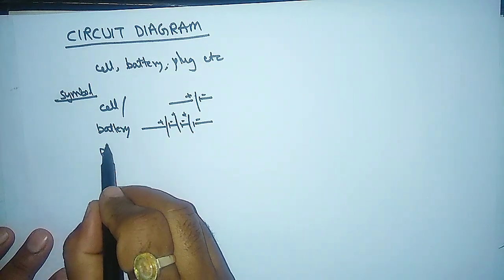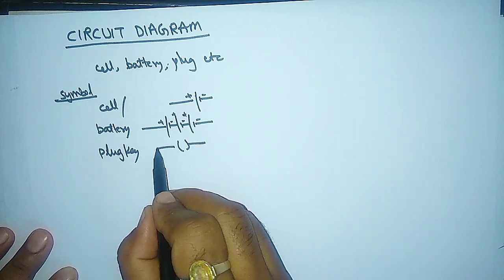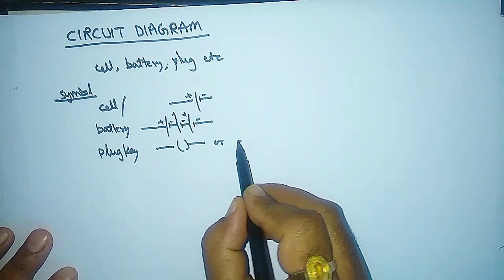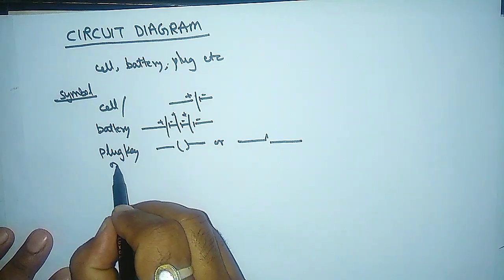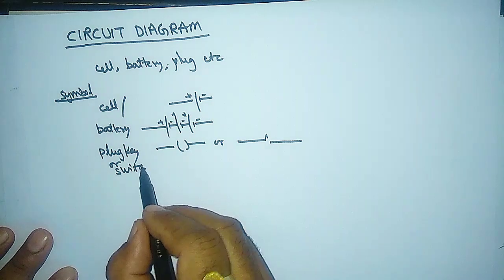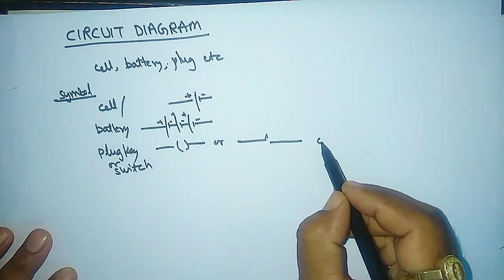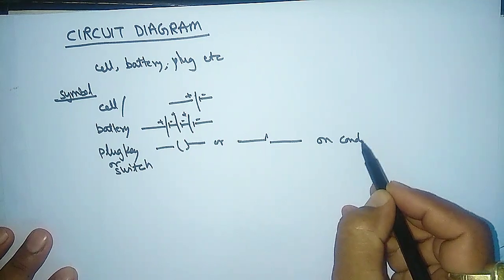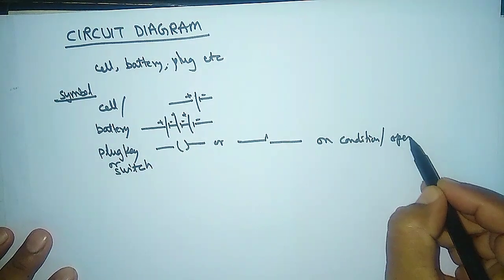Now see what the plug key is. It is like this. Or we can say it is like this also. A plug key, or you can say a switch also. Okay, this is the symbol, and it is the on condition. That is, you can say it is the open circuit.